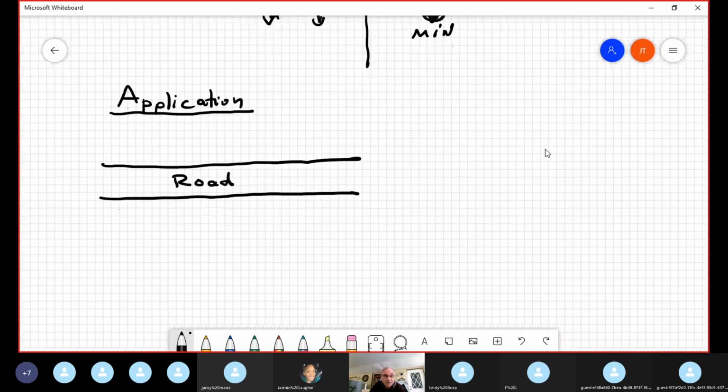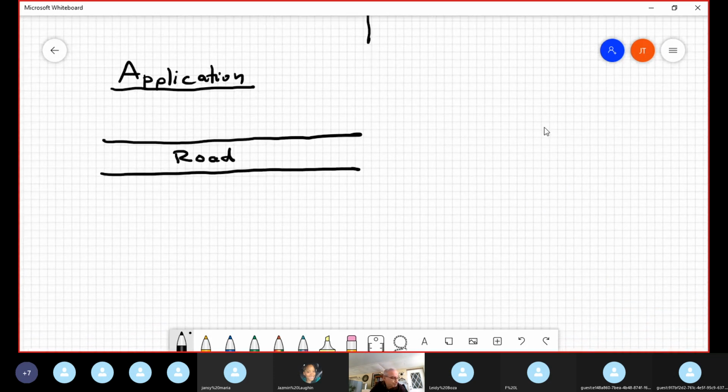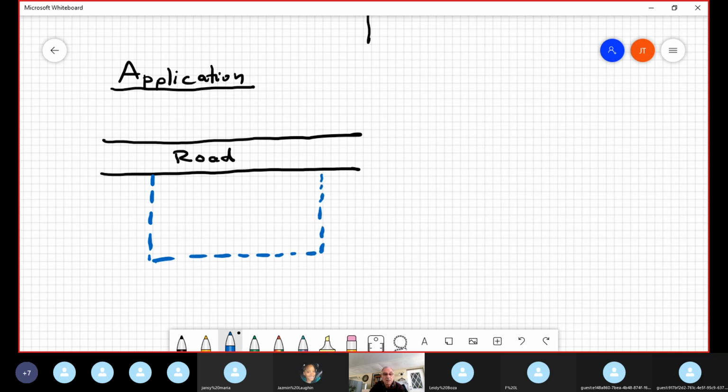In this case, a parking area is to be constructed adjacent to the road. So the parking area, suppose that it is like that. Okay, adjacent to the road. This is a parking area.